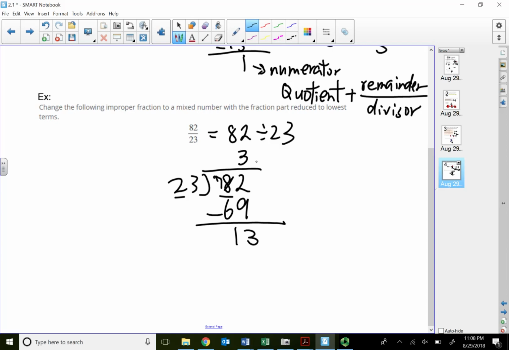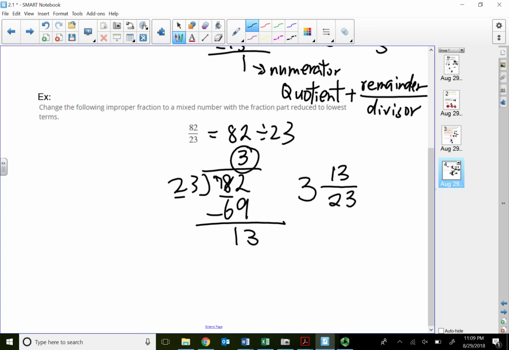So my mixed number has to be the quotient, the whole number, plus the remainder over the divisor, which was originally 23. When I say divisor, I'm saying the denominator. When I say numerator here for the mixed number, that's the remainder from the long division. And my whole number comes from the quotient.